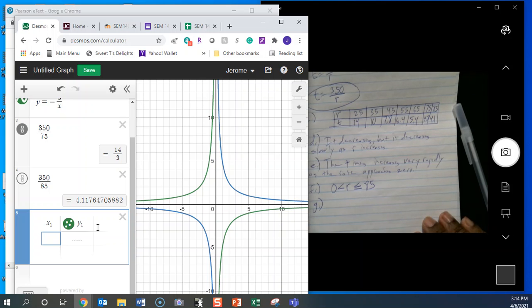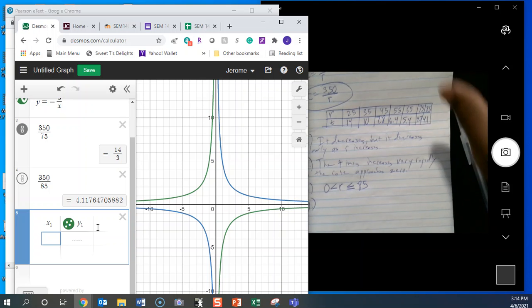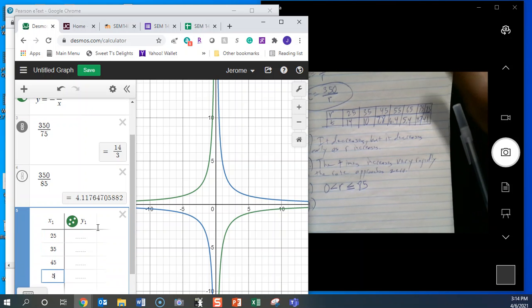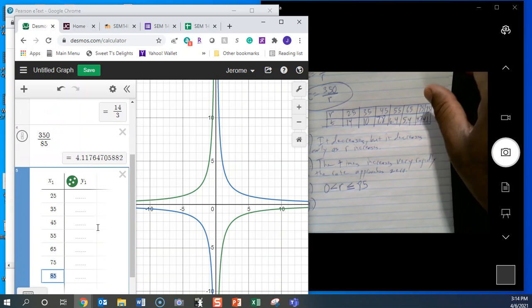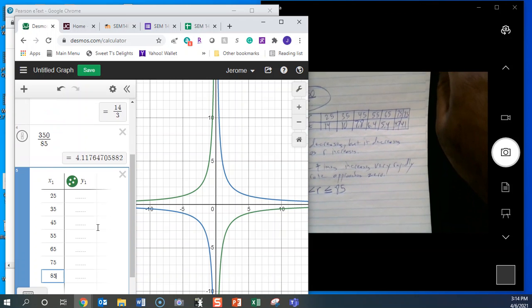So we went from 25 to 85: 25, 35, 45, 55, 65, 75, then 85. All right.